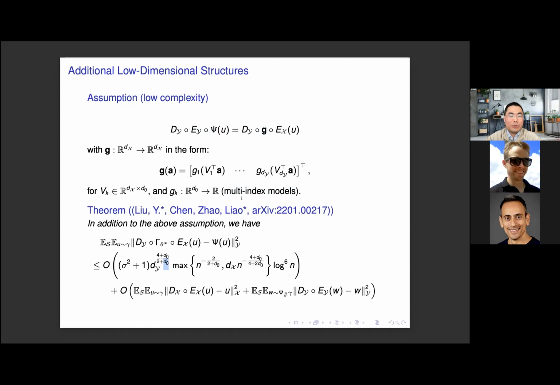A very simple example of this low complexity model is that, even though you have a high dimensional function, if it is a plane wave, the intrinsic dimension is actually 1D, because as long as you know the direction of propagation, then you know all the information about this plane wave.